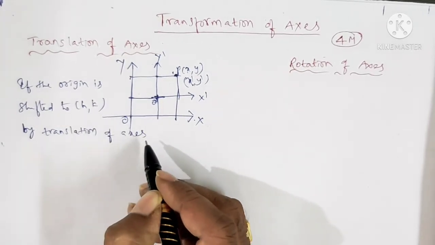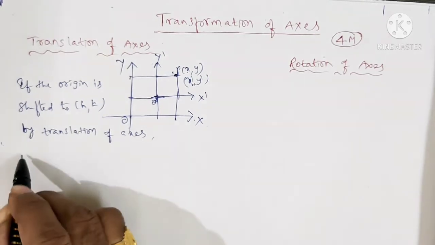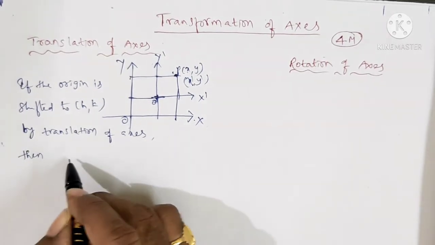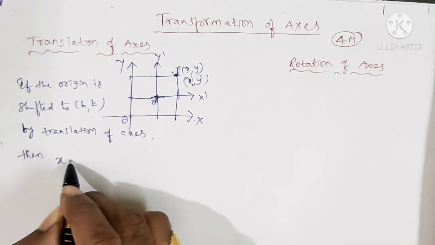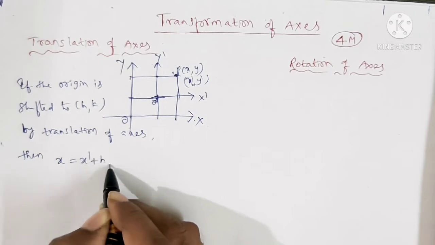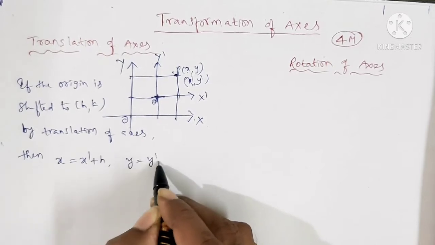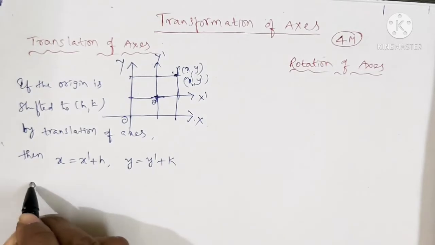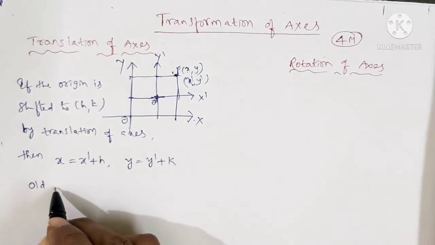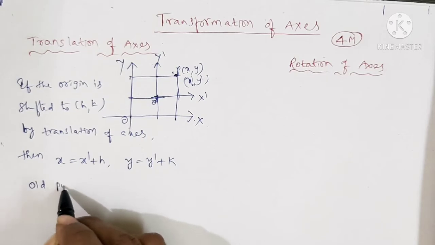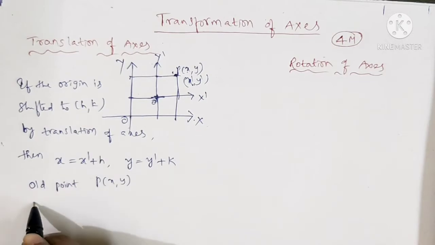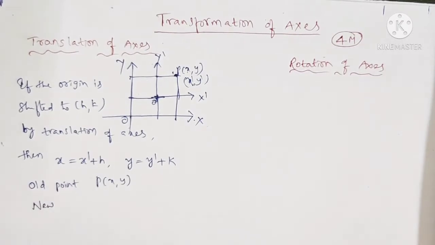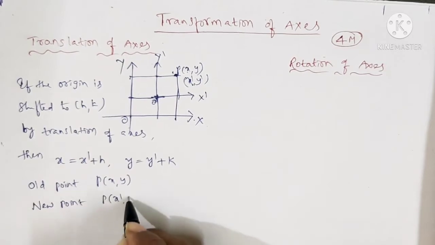By the translation of axis, the coordinates of the old point will be like this: x is equal to x dash plus h and y is equal to y dash plus k. Here the old point P is x comma y. Then by translation of axis we get the new point P x dash y dash.